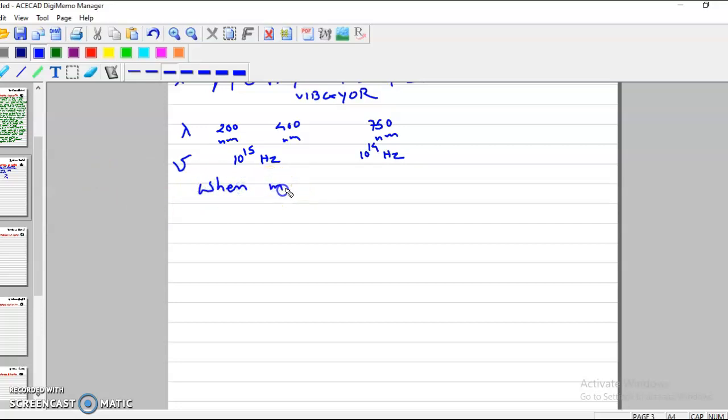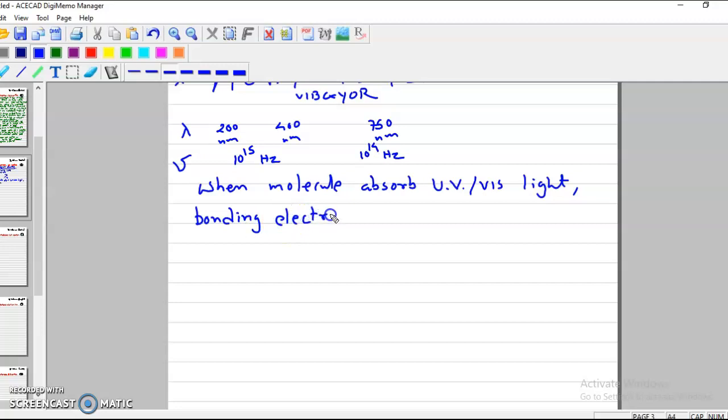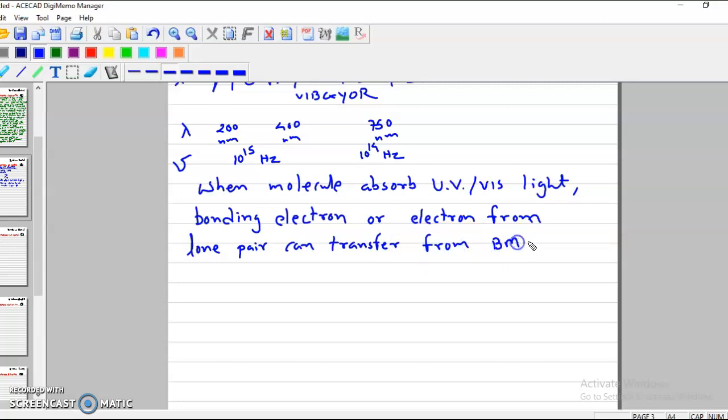So when molecule absorb UV visible light, then bonding electron or electron from lone pair, that is non-bonding electron, can transfer from BMO, bonding molecular orbital, or N orbital in which we find lone pair of electron, to ABMO orbital.